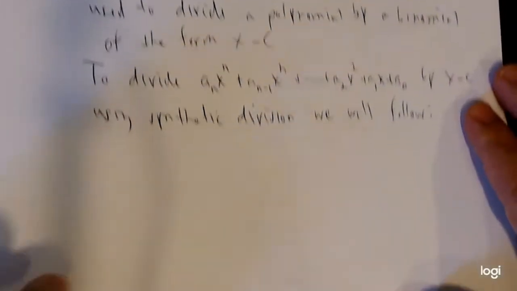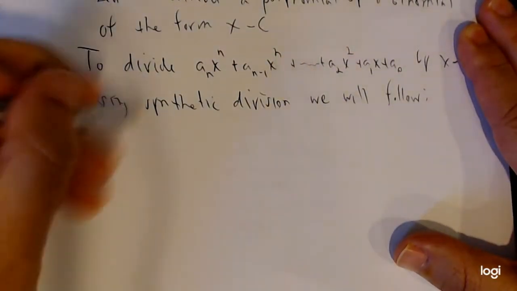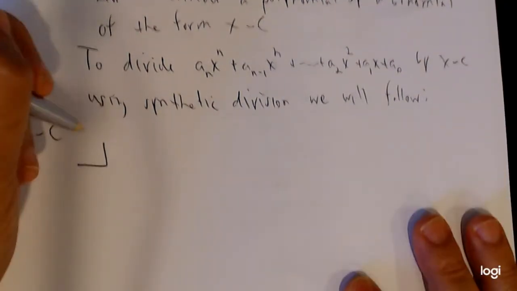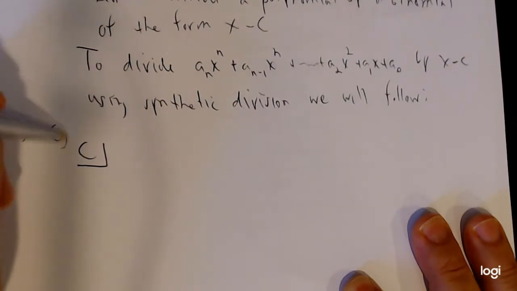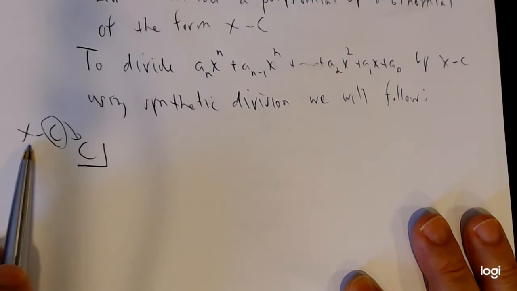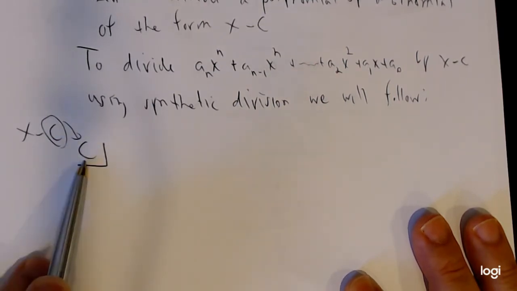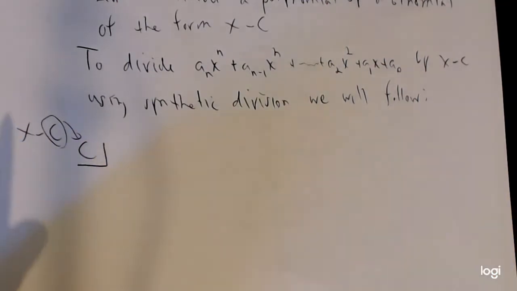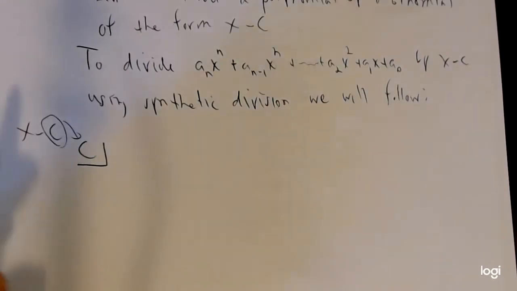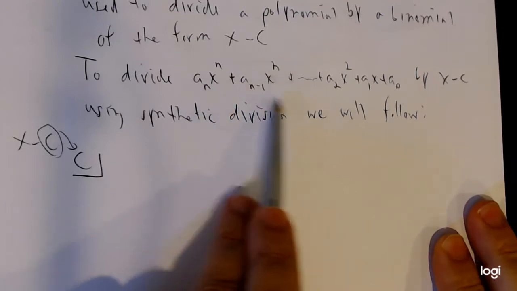Since we're dividing by x minus c, we make a box here, and we put the c here. Remember, if it ends up being x plus c, then we put a negative c. For example, if it's x plus 2, we put a negative 2. If it's x minus 2, then we put a 2. We want it of the form x minus c, so whatever c is, that goes there. And then we take the coefficients of our polynomial.